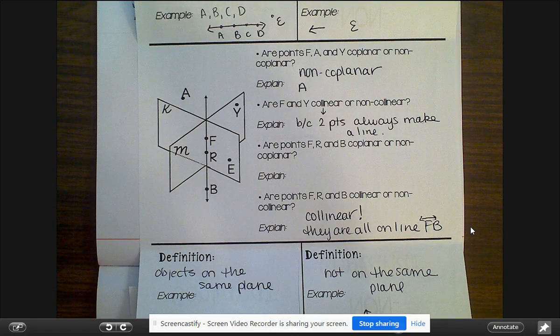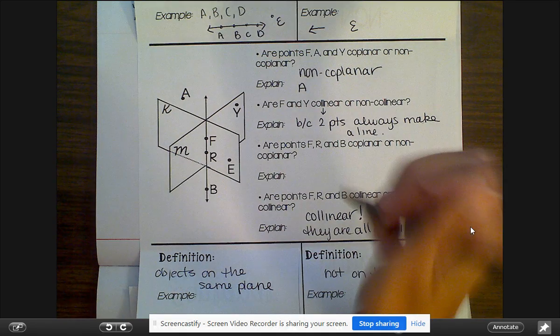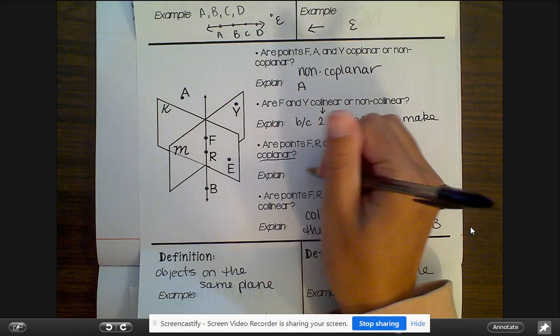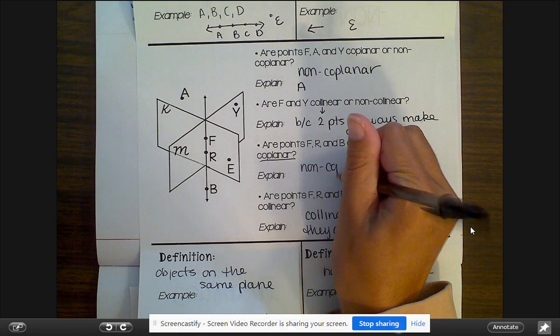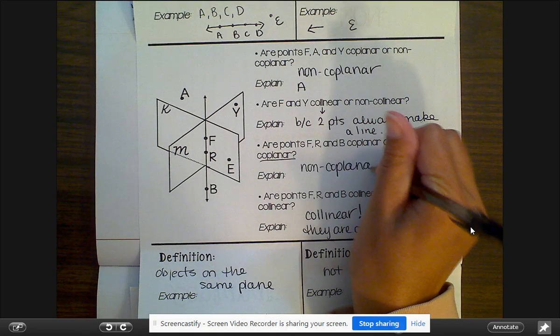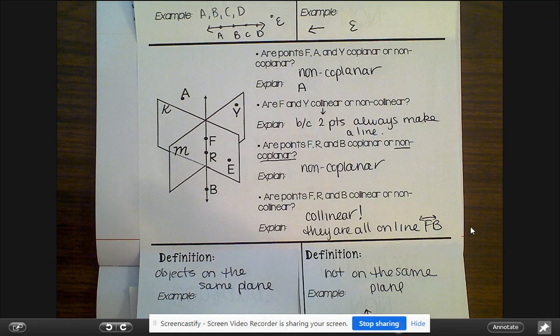And I can't draw a plane from 3 points on the line. So this is definitely non-coplanar. The easier reason is because B is obviously off the plane, but more so it's because they are collinear, and if you're collinear, you can't be coplanar. So hopefully that kind of makes sense.